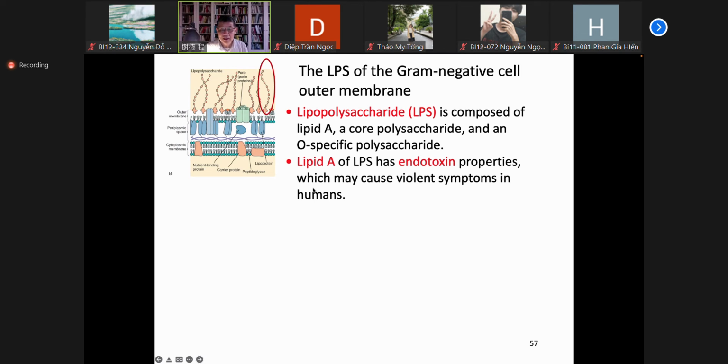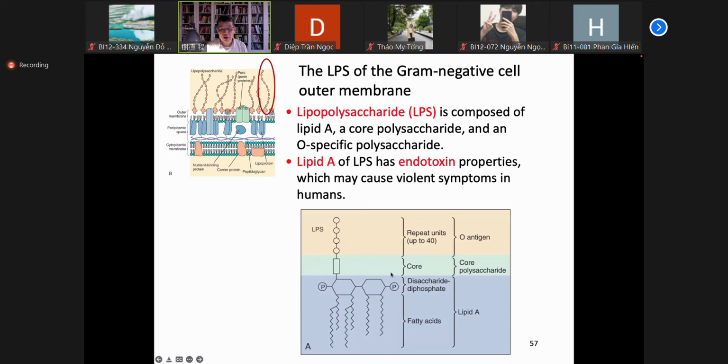Let me show the structure of it. This is also very important. The LPS has this structure. This is the lipid structure, right? These are sugars. This is the phosphate sugar, diphosphate sugar. And then this is the polysaccharide. This polysaccharide also has an outer polysaccharide called the O antigen.